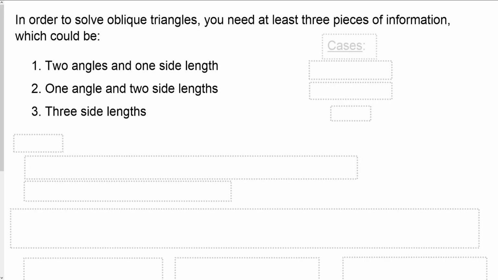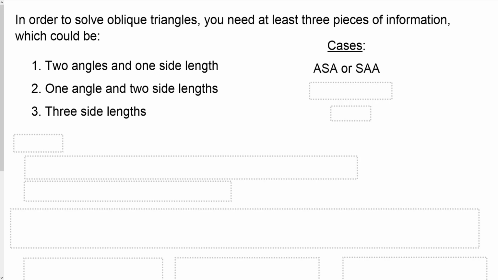We group these into different cases. We call them angle side angle or side angle angle, which basically means in the first one, angle side angle, you have two angles that are known and the side that's in between those two angles known.